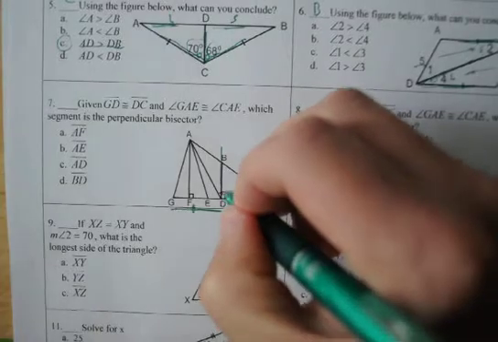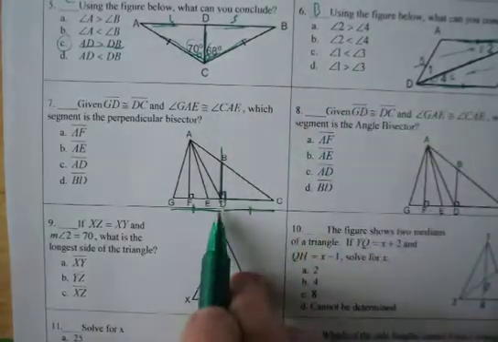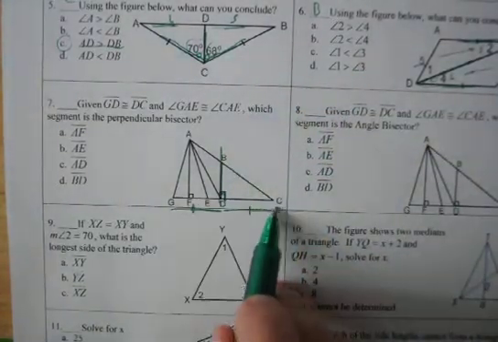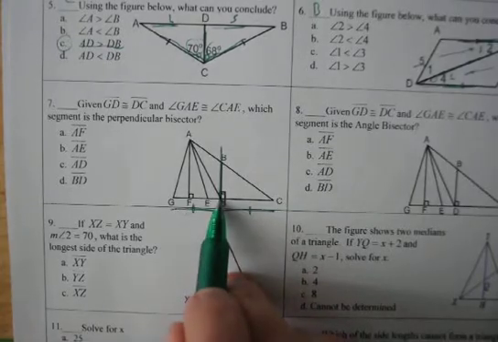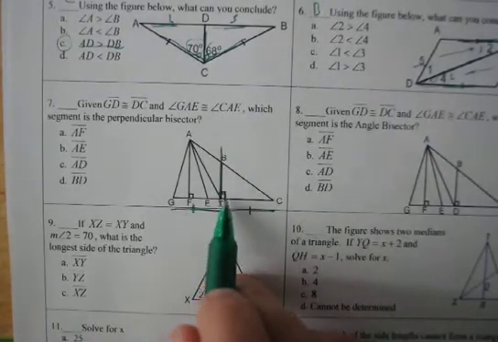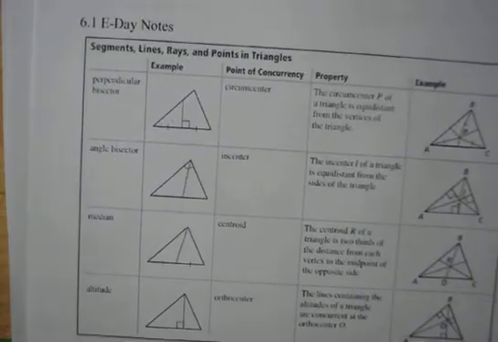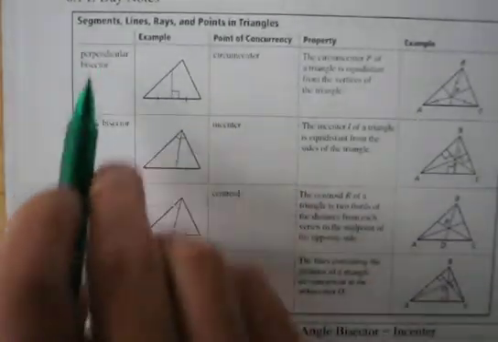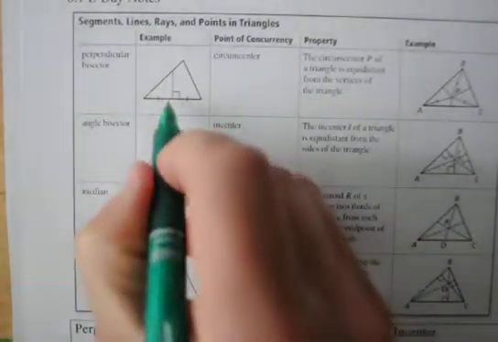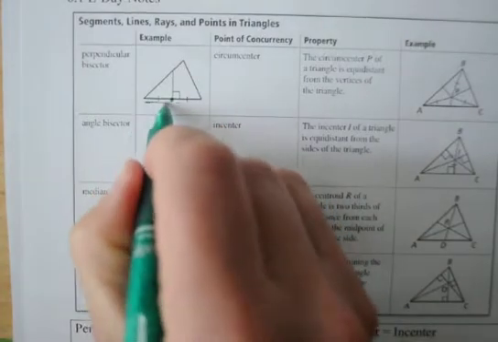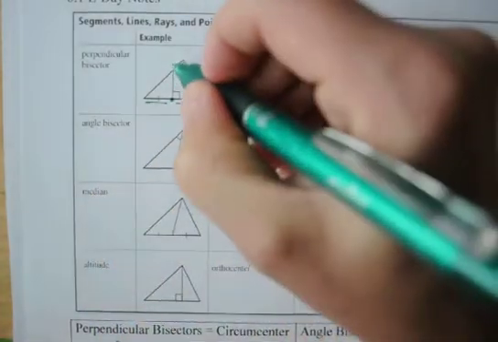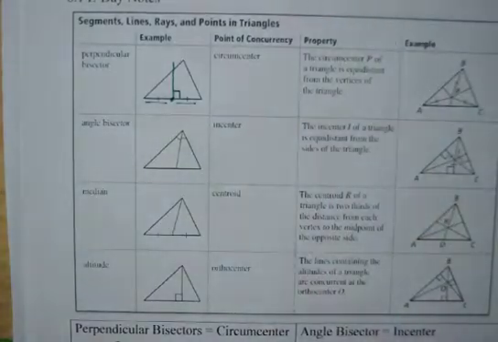This is perpendicular, and it's bisecting this side, it's going through the middle, it's a perpendicular bisector. So BD is the answer for that one. And this chart from the 6.1 day is going to be very helpful. You see a perpendicular bisector will go through a midpoint, and it's perpendicular, makes a right angle.